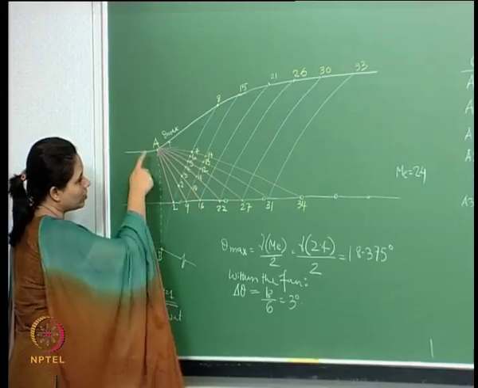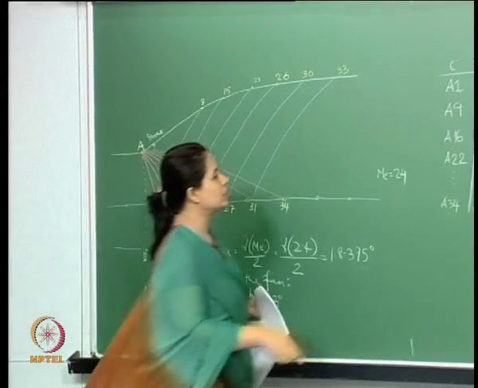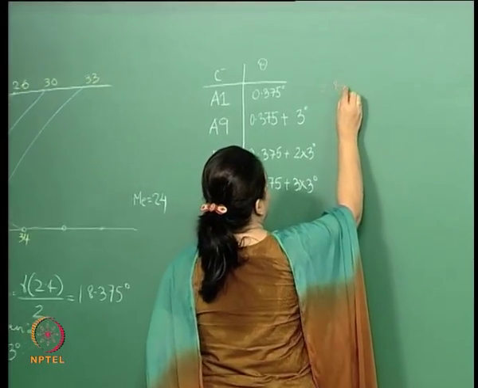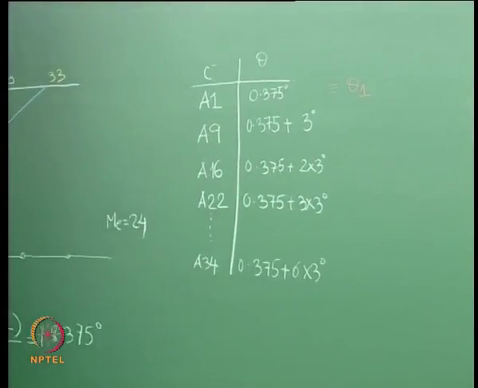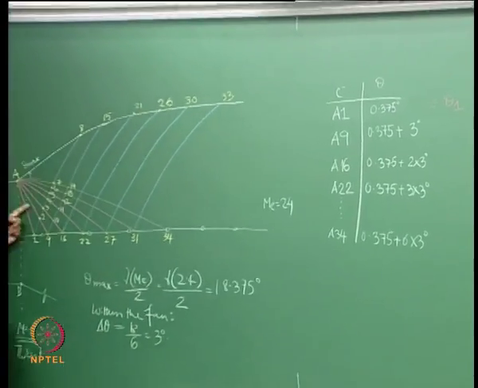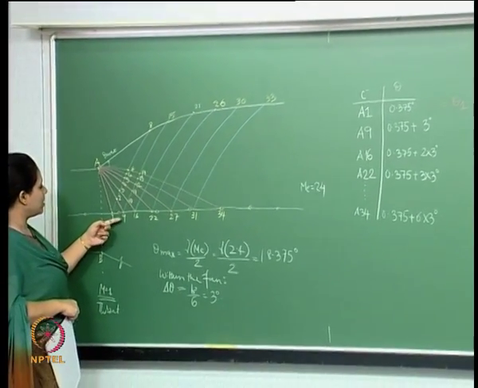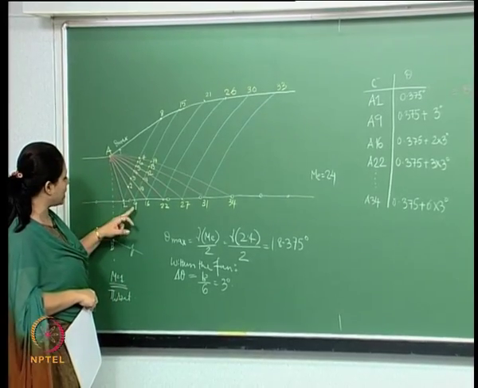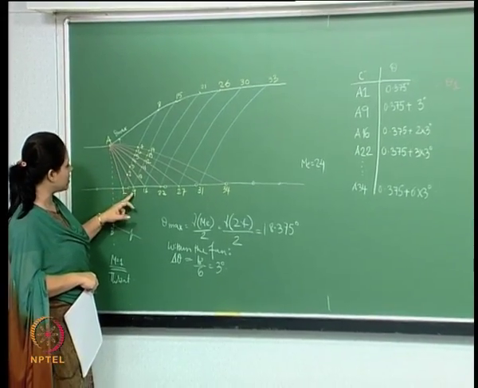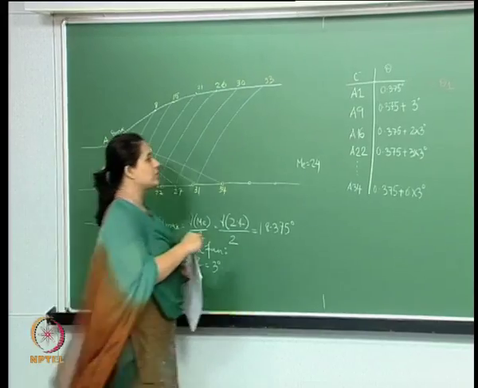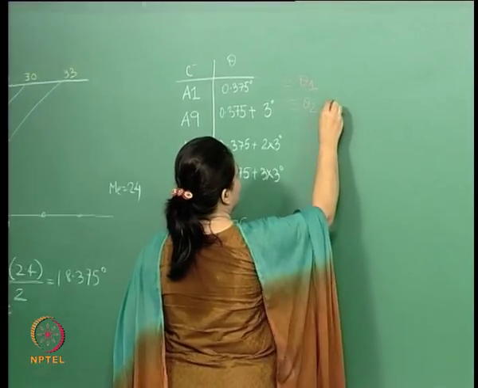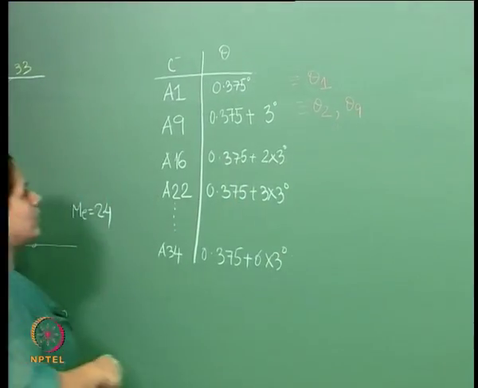This point 1 is on this characteristic. Similarly, for this characteristic, the theta is 3.375 for A9. So theta 2 and theta 9 are the same. And so on and so forth.